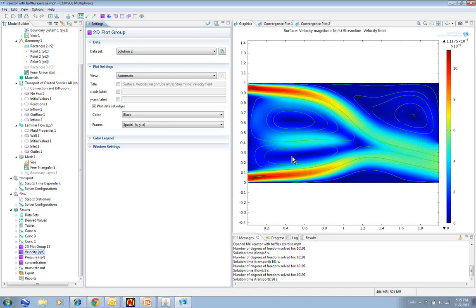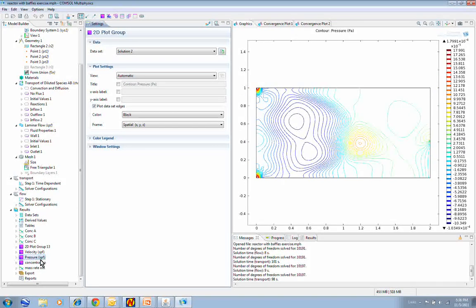So that seems like a reasonable velocity distribution. Pressure, there's some pressure contours. Not sure that's really too useful.